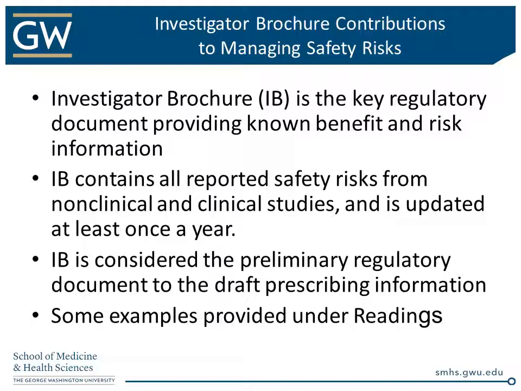So the investigators would receive a safety report immediately. In summary, the investigator brochure contains summaries of all the efficacy data and safety risks and is considered the foundation clinical regulatory document and used to begin to develop the draft prescribing information for inclusion in the sponsor's marketing application.